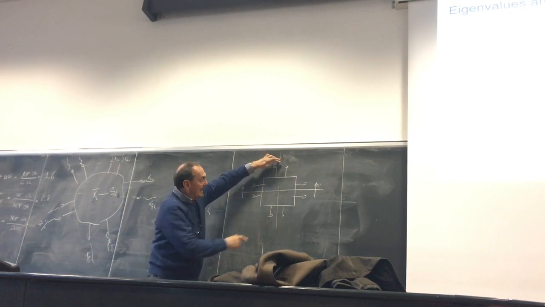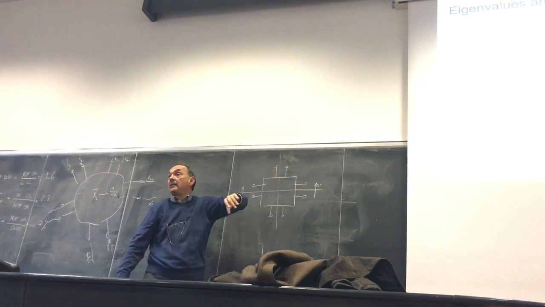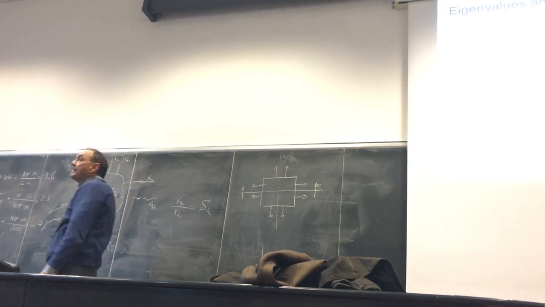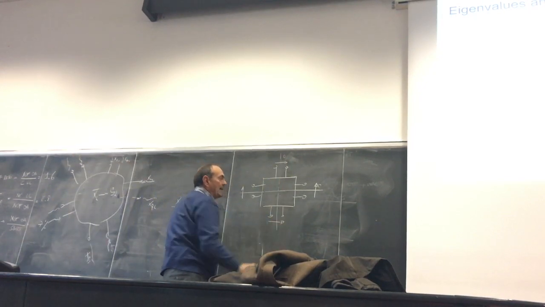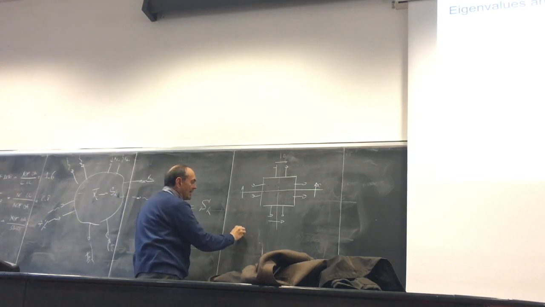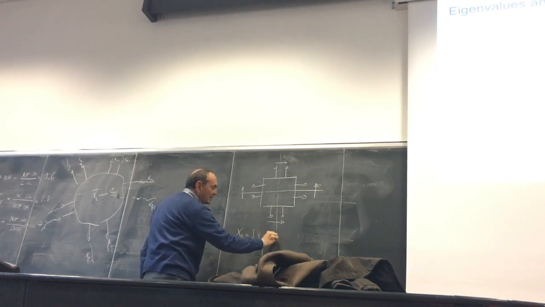The same here and here. If I want to have in the middle an open circuit, I have to excite these two ports with the same excitation. And then also here, I have to be in this condition. This means that this eigenvector, its lambda, will be given by 1, 1, 1, and 1.